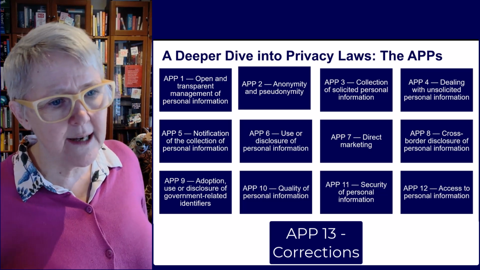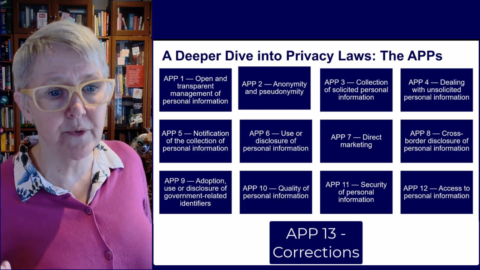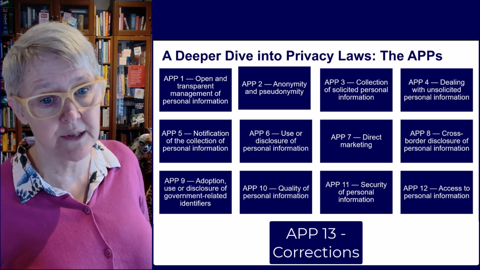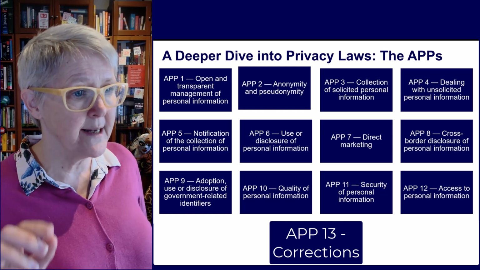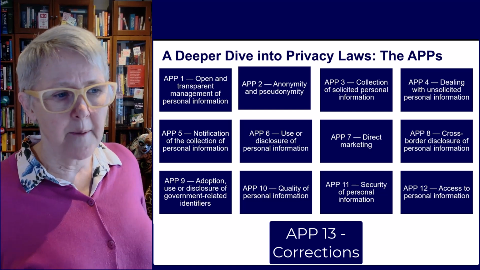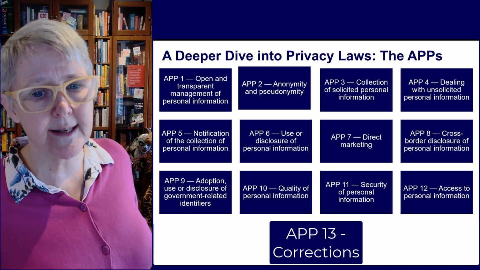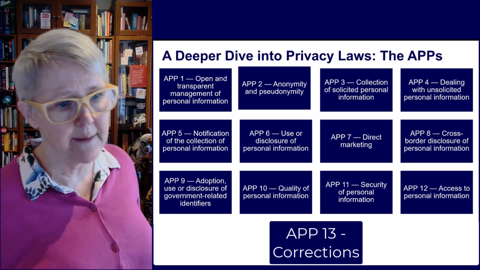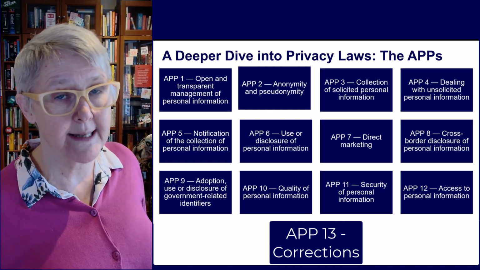They need to have a clear process in place for individuals to request corrections to that personal information. So APPs 10, 11, 12 and 13 are all related in this way. APP 13 also requires these entities to act promptly to update records when a request is made.